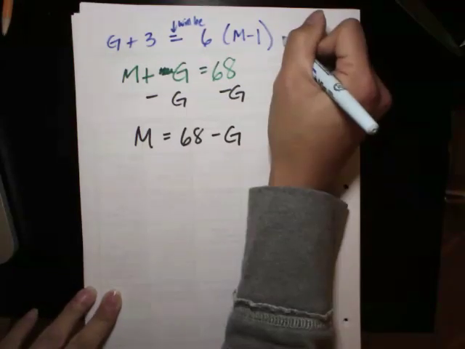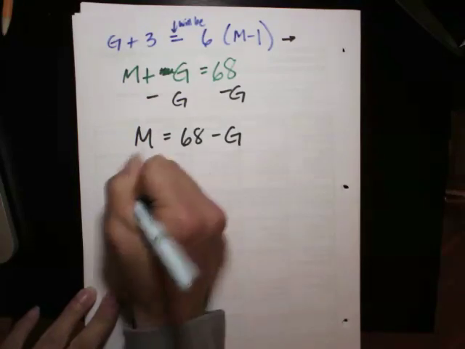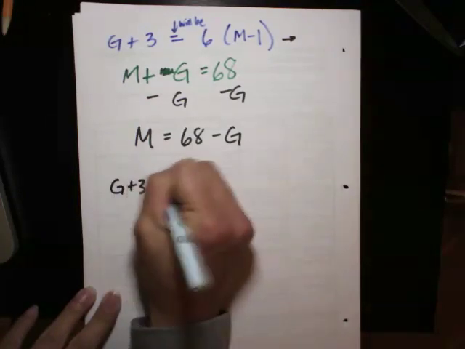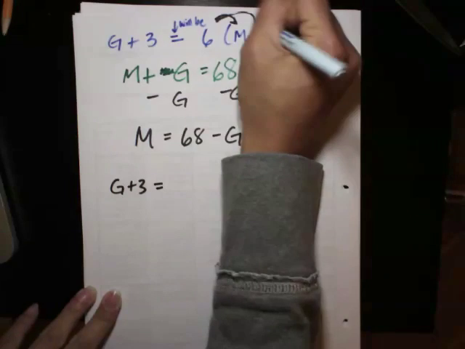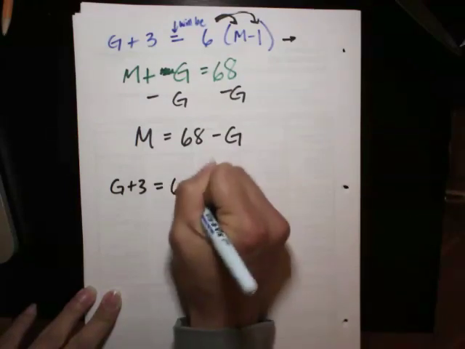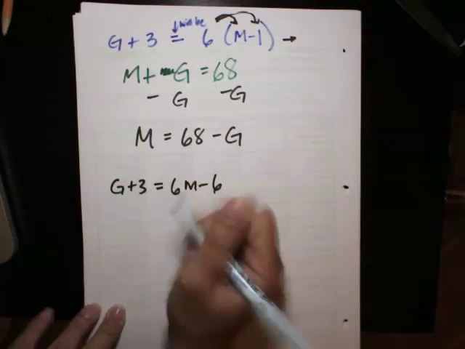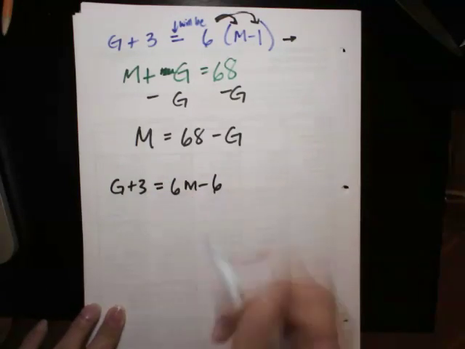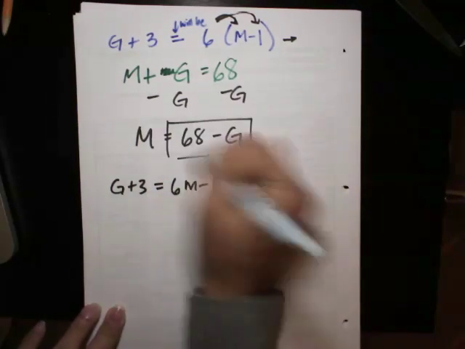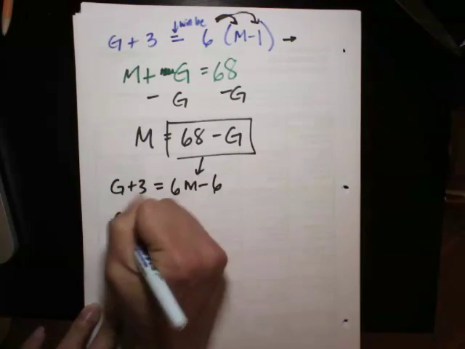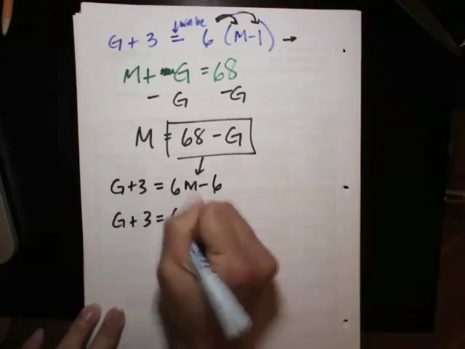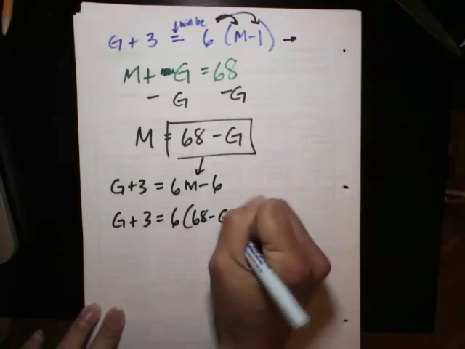Let's simplify the other equation. We have G plus 3 equals, and I know I'm going to need to distribute 6M minus 6. I'm going to move my constants over, or actually I can just substitute in: G plus 3 equals 6 times 68 minus G.